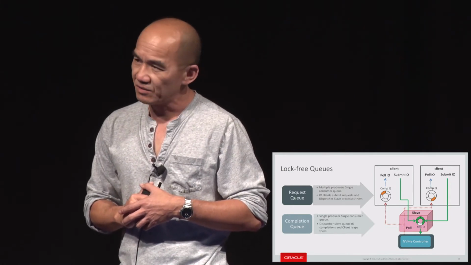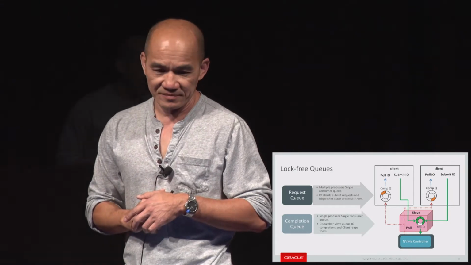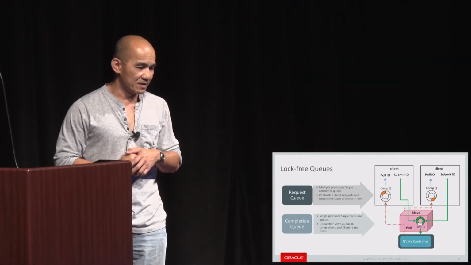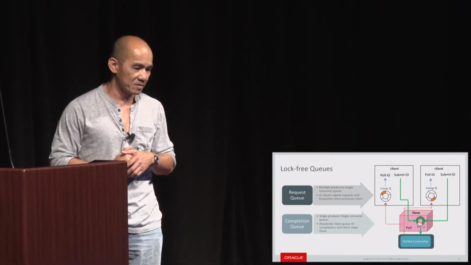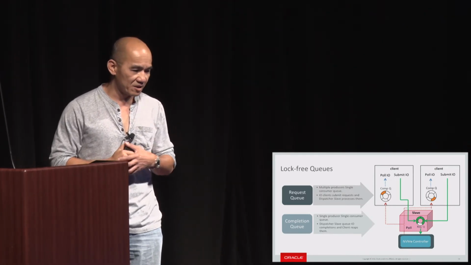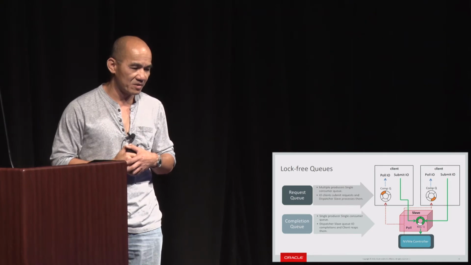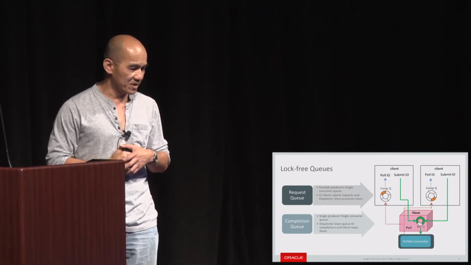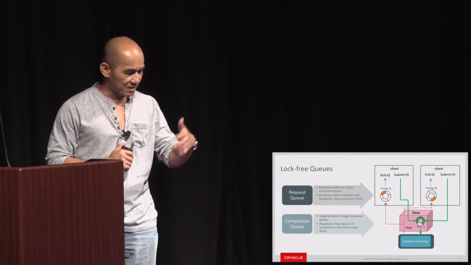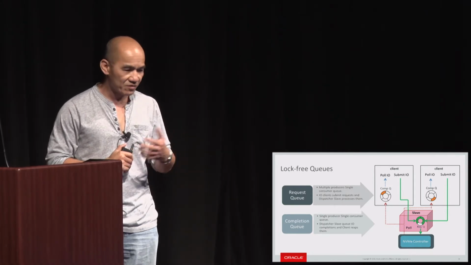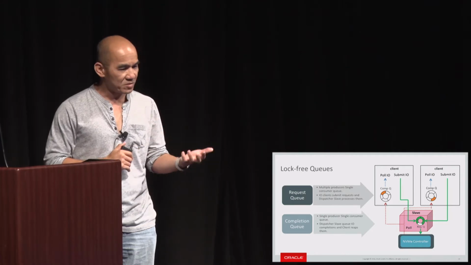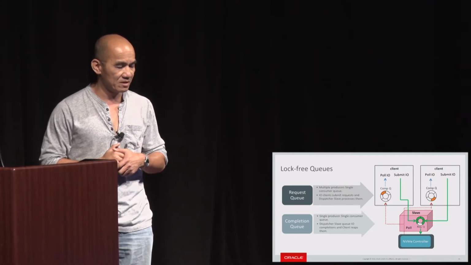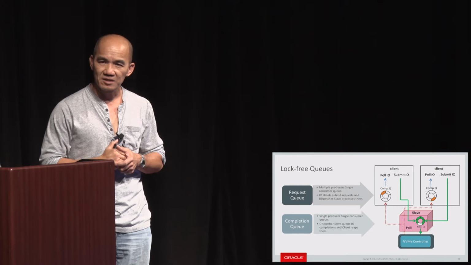Looking at this diagram, every client has its own completion queue, and it submits requests directly to the dispatcher slave. The dispatcher slave picks up the request and submits it to SPDK. Then it polls for the completion. For every completion, it will queue up to the respective client completion queue.